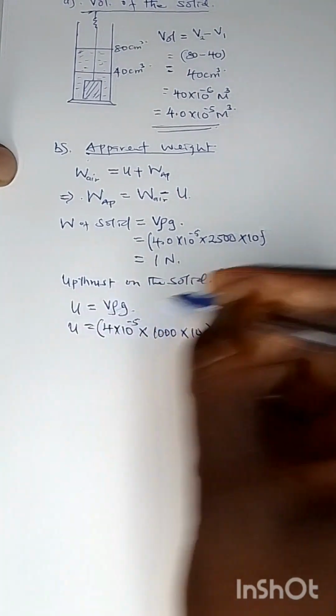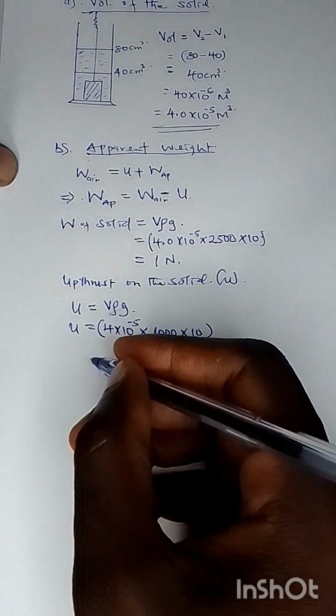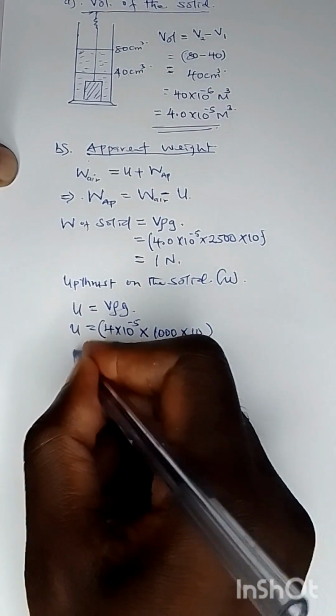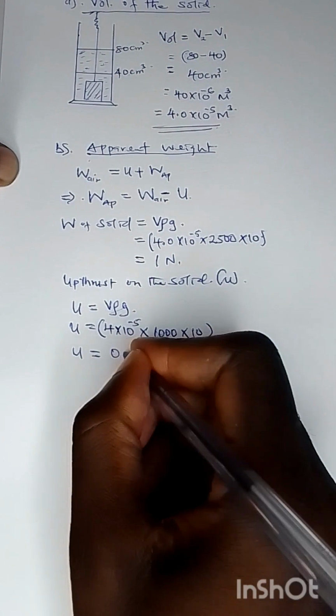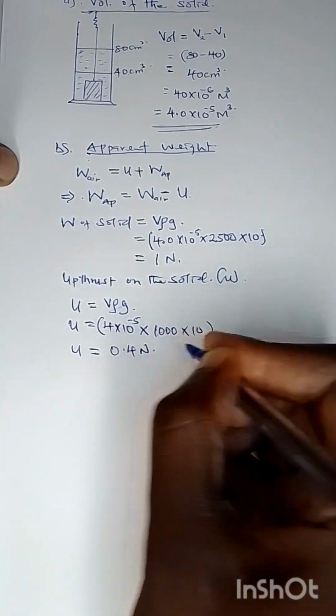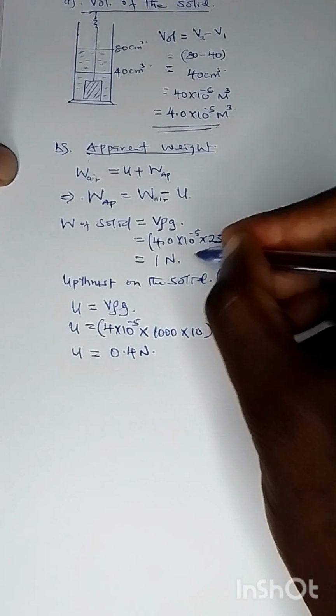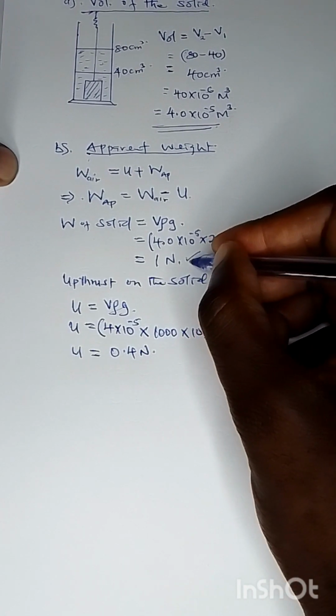Once we do that, we shall get our upthrust. So using the calculator, multiply 4 times 10 power negative 5 times 1000 times 10. You get 0.4 newtons.